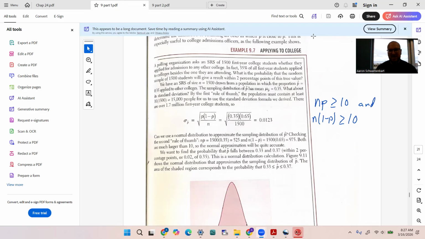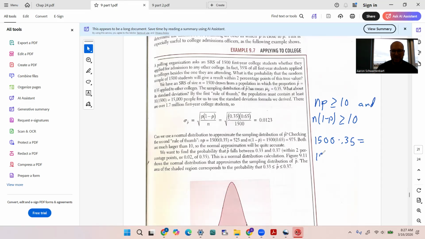And then I must check condition number 2. And it is important that you write this out. N is 1,500. P is 0.35. Somebody with a calculator in front of them can do that.